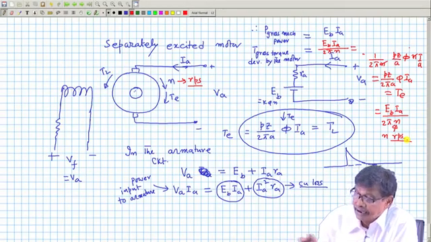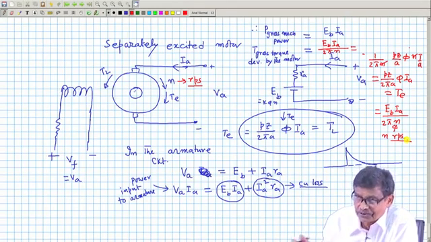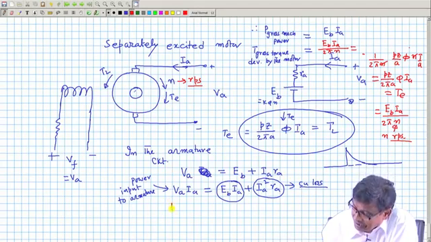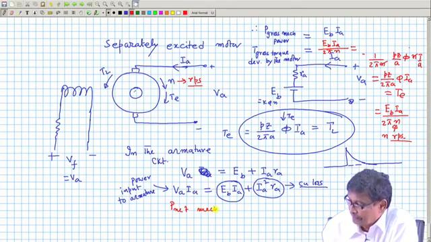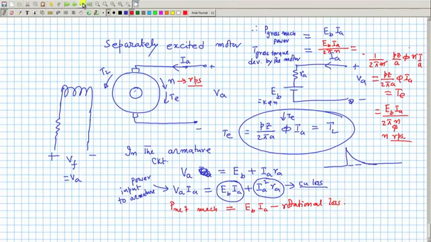And then the net mechanical power, of course, you have to subtract the rotational loss from this. So, P net mechanical will be this Eb into Ia minus the rotational loss. This is how you have to calculate.